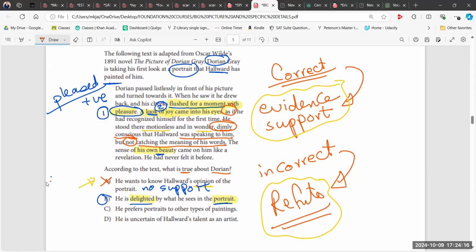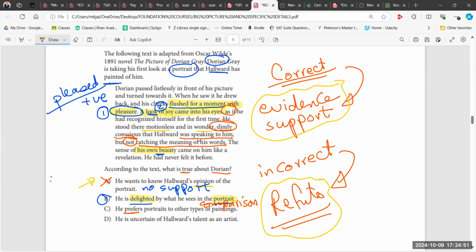Okay, who can refute C and D? That's the last question. What do you think of C? He prefers portraits to other types of painting. Do I have that kind of comparison? Any comparison being made in the text between the portrait and other types of paintings?